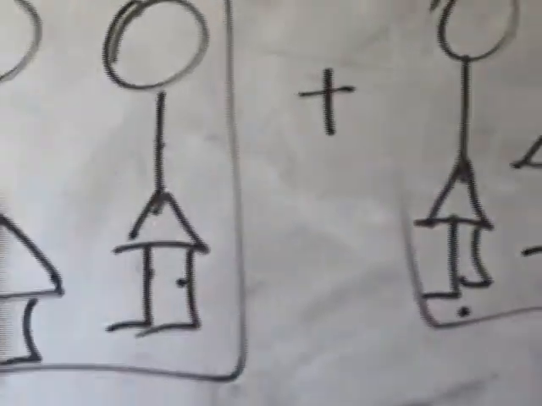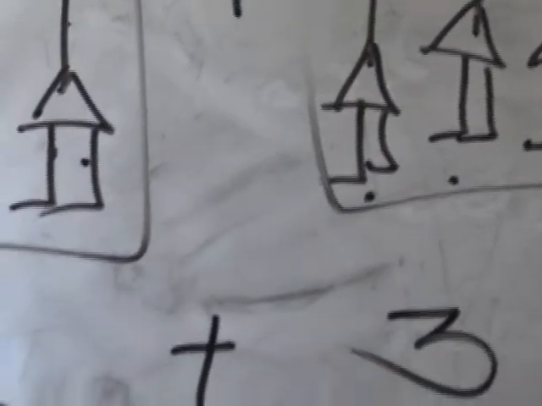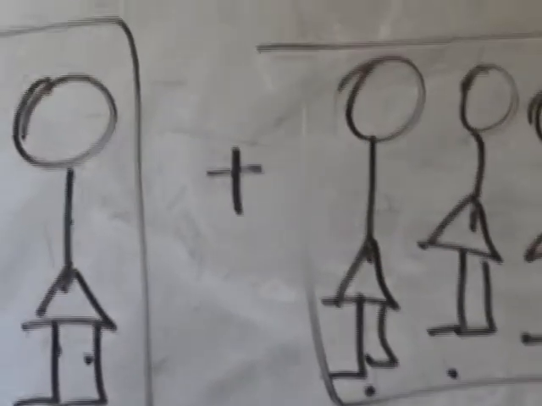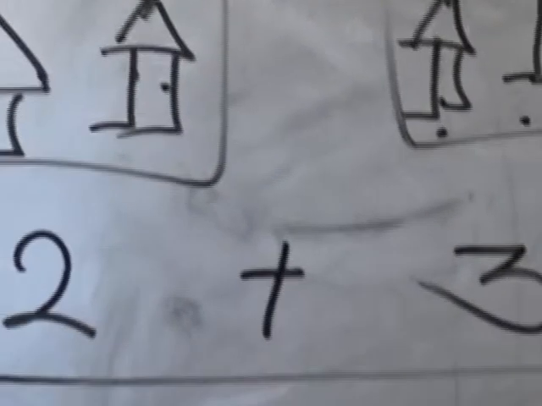For more examples, we can have 3 plus 5, which will be equal to 8. We have 5 plus 1 is equal to 6. So this is what we can do with addition.